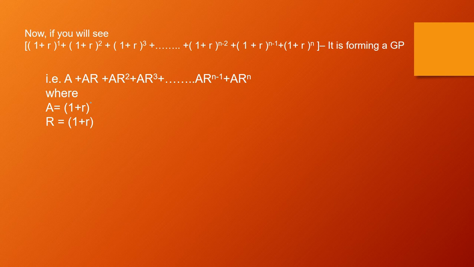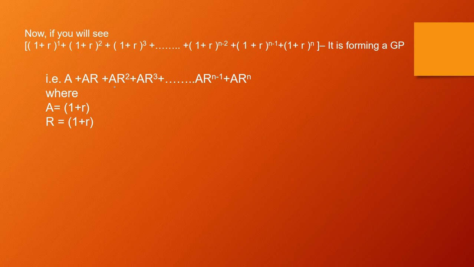Over here I have taken A to be 1 plus R. Similarly, R is also 1 plus R. Now A is 1 plus R, so I am getting 1 plus R. The second term is AR, that means 1 plus R multiplied by 1 plus R. Since the base is common, we can add the powers, so it comes to 1 plus R raised to power 2.